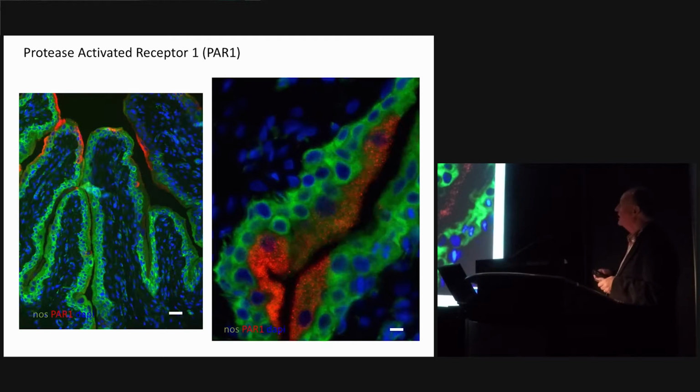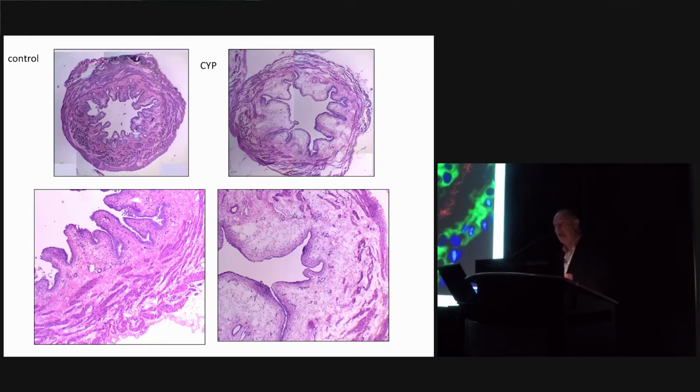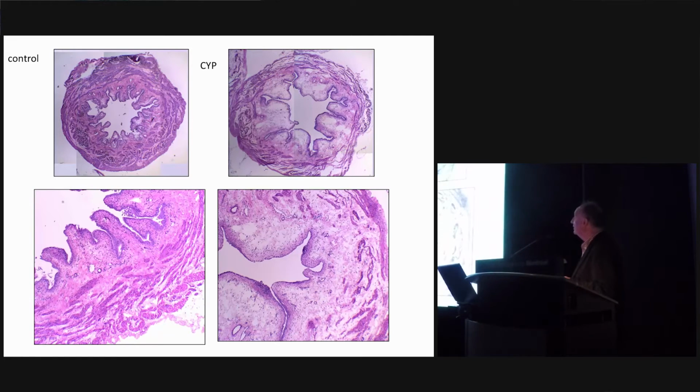Activating the cells, let's leave it at that for the moment. And here you can see really quite nicely that there are cells that are expressing PAR1, the red, but clearly there are lots of areas of the urothelium where there is no PAR1. And it shows here in a very high magnification, a bit fuzzy, that the PAR1 is expressed in the umbrella cells and nowhere else when it's expressed there.